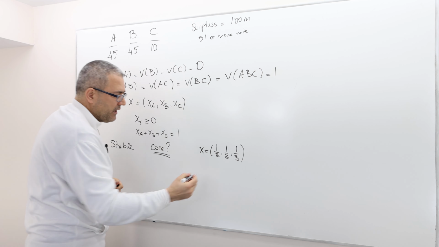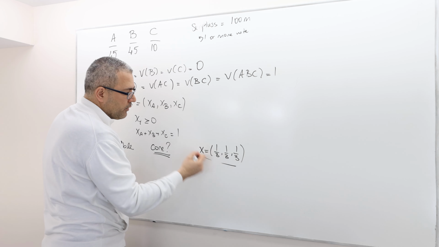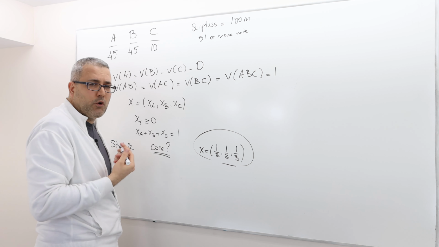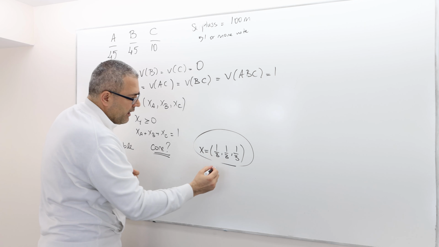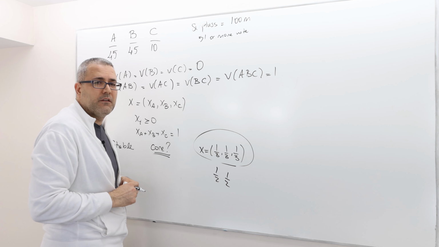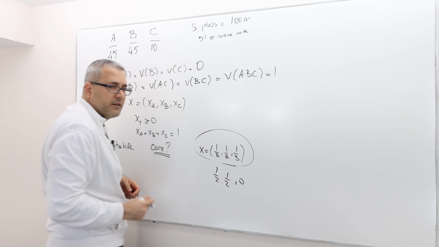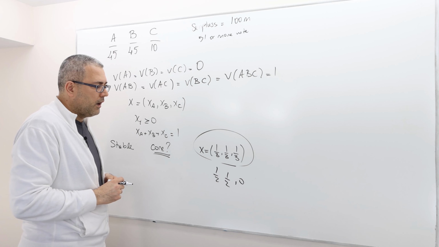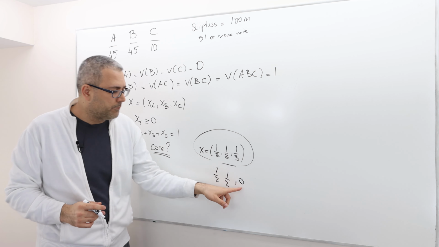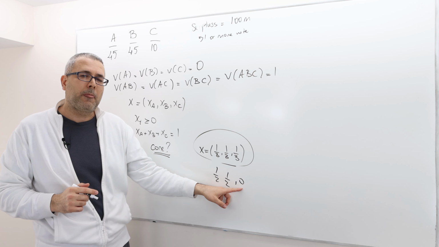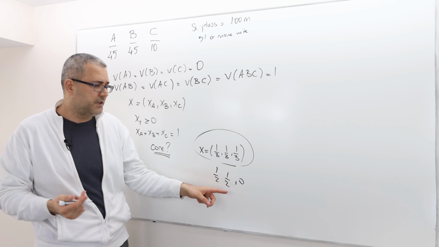For example, they can say, hey, instead of agreeing to this proposal, why don't we get together and share it half and half and give player 3 nothing? Well, clearly political party C is going to reject this proposal, but who cares?